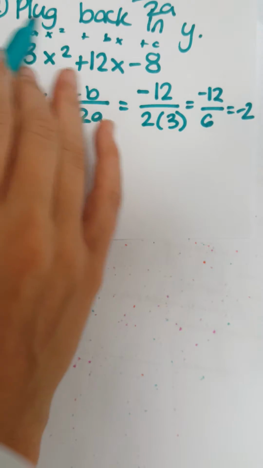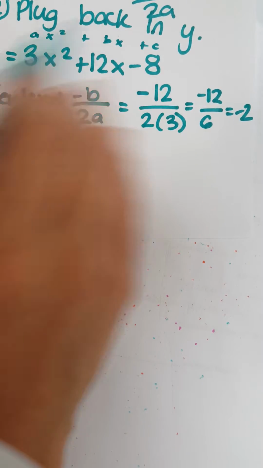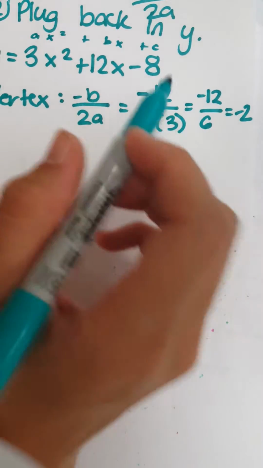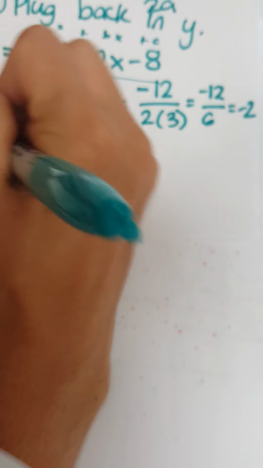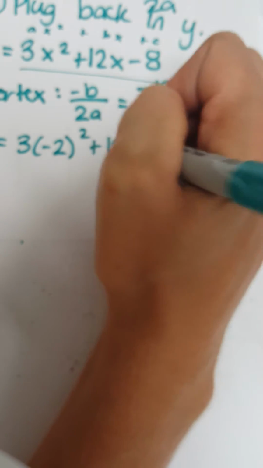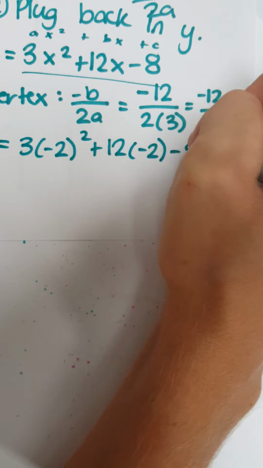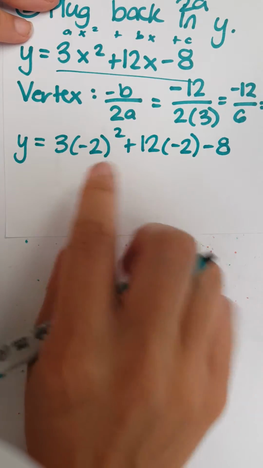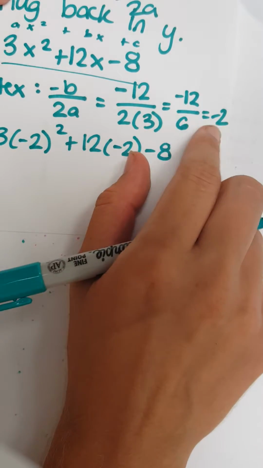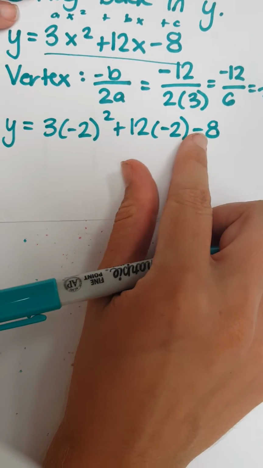So step 2 was plug back in for y. You can kind of see it up there. So I'm going to take that negative 2 and plug it back into my equation. So y equals 3 times negative 2 squared plus 12 times negative 2 minus 8. Okay, because negative 2 is what we found for our x value of the vertex.